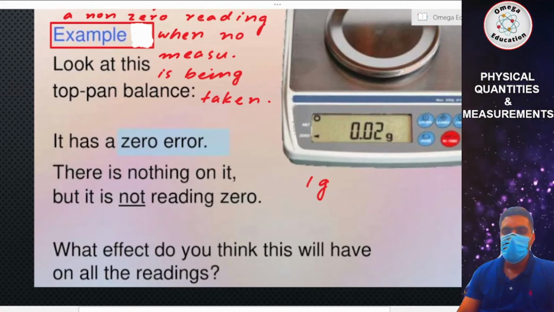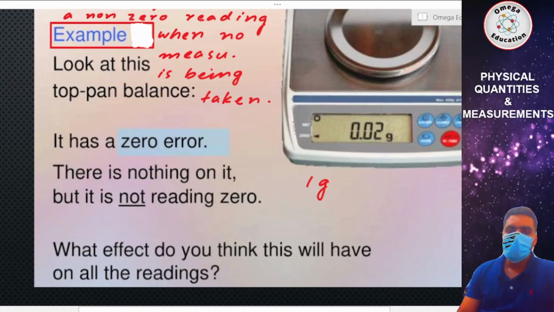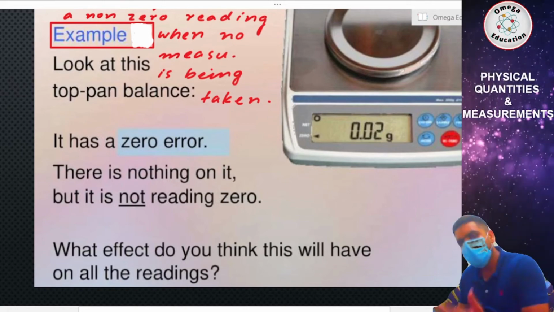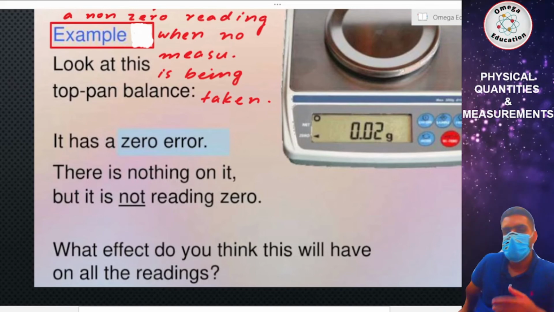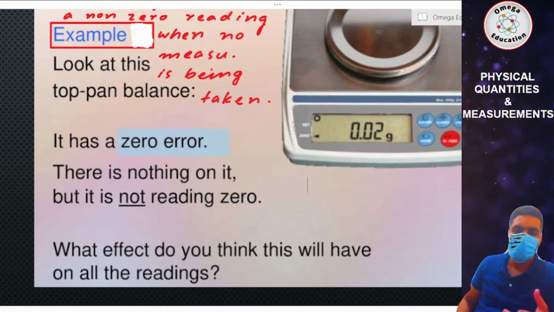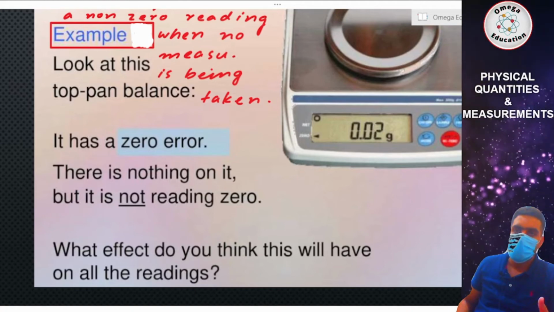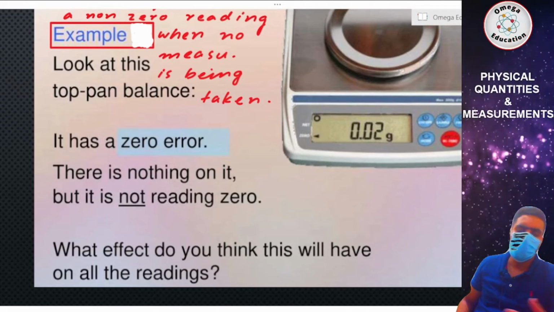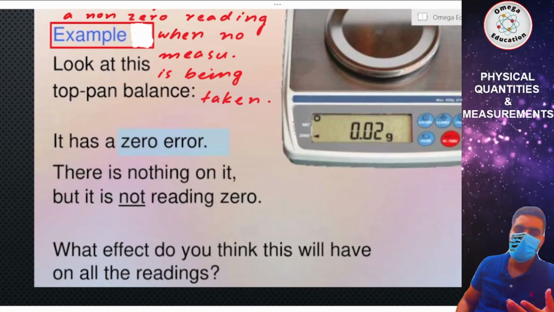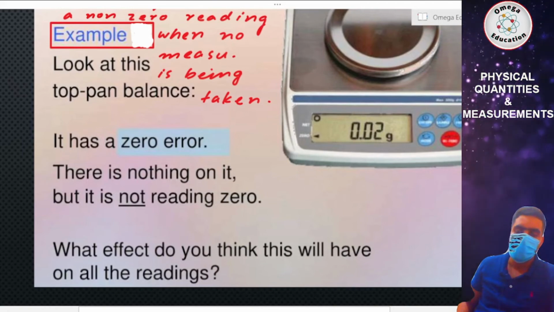So in other words, you'll be getting less amount and you'll be paying for more physical quantity. Or I can say that you'll be paying more than you should.